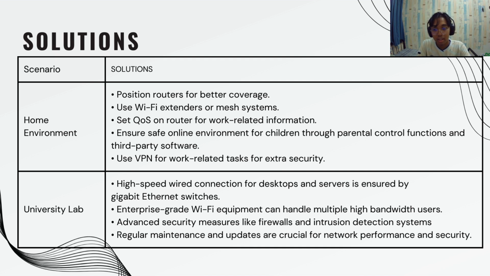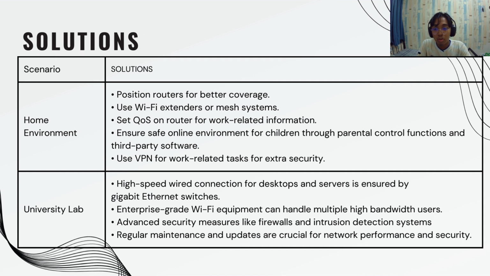Then, ensure a safe online environment for children through parental control functions and third-party software. Parental control features on routers and third-party software can be used to manage and monitor children's online activity.